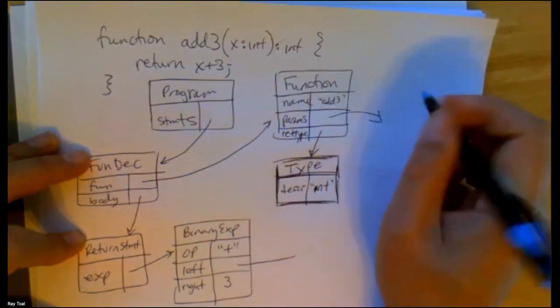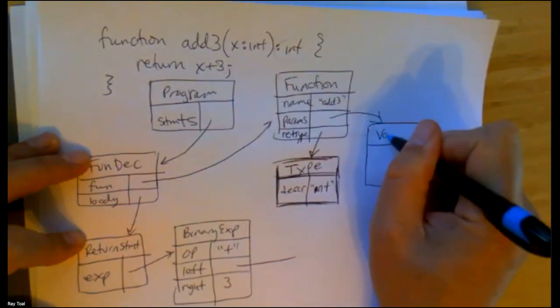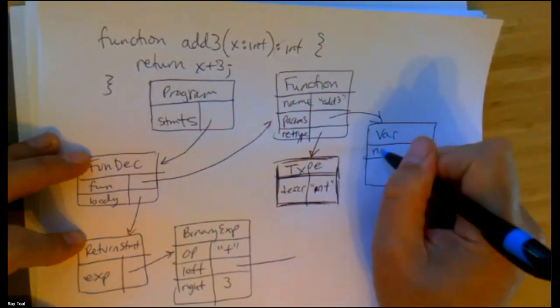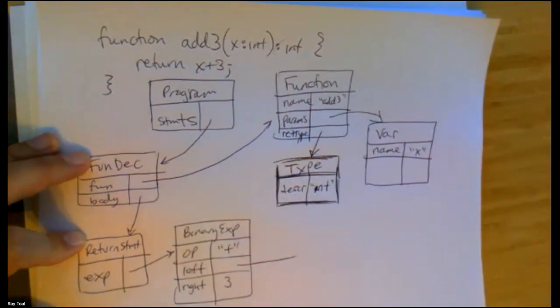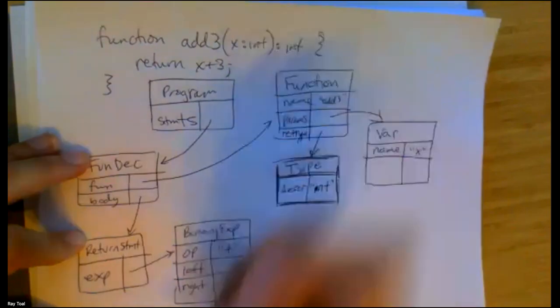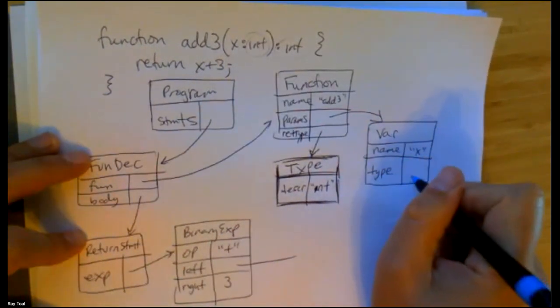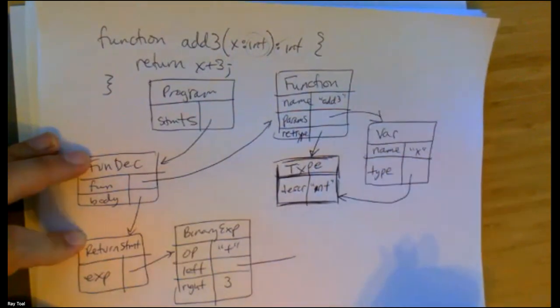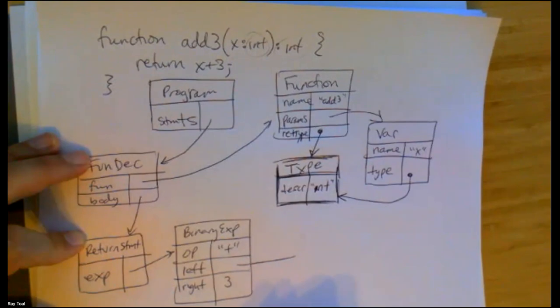And for the parameters, there's just going to be one parameter. Parameters are actually just variables. And in this case, the variable has the name x. But unlike what we saw before, it's pretty clear that variables actually have a type. In this case, the type of this variable right here is going to be int. So the return type of the function is int, the type of this variable is int.